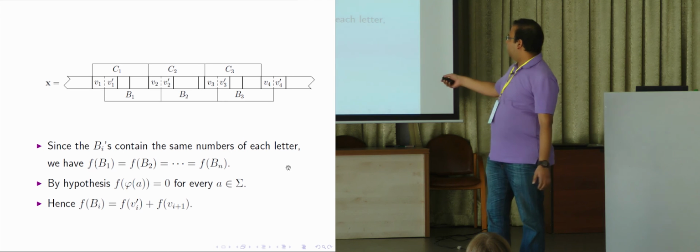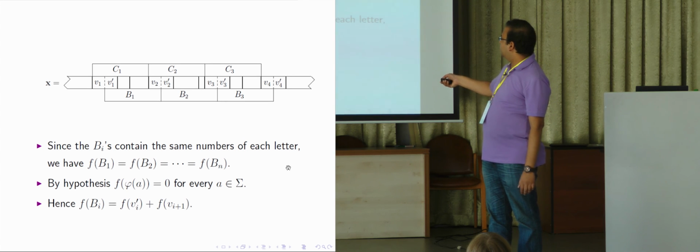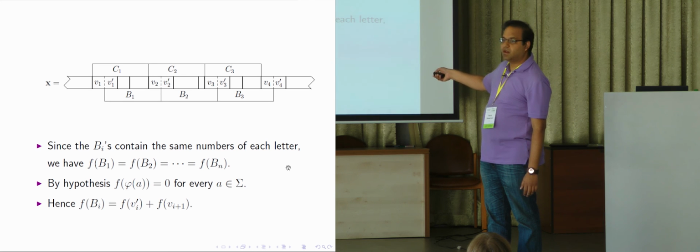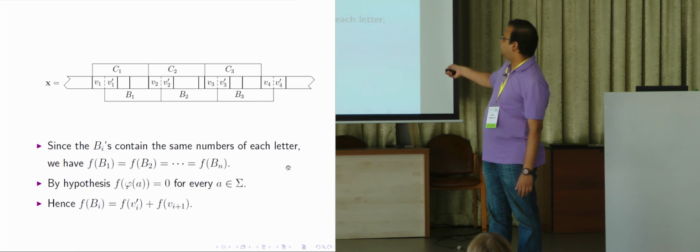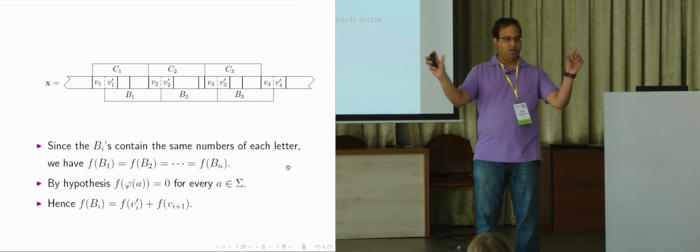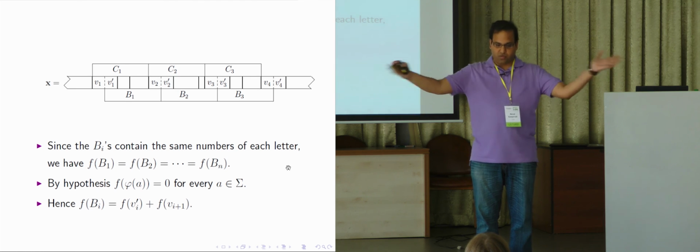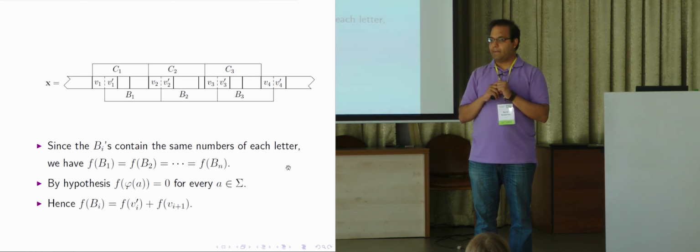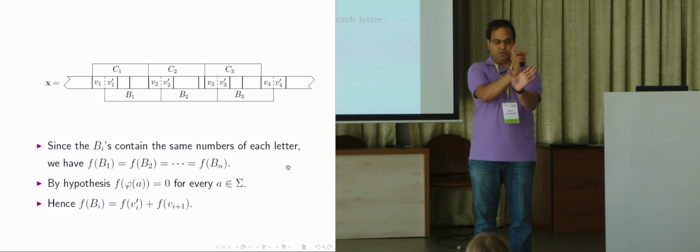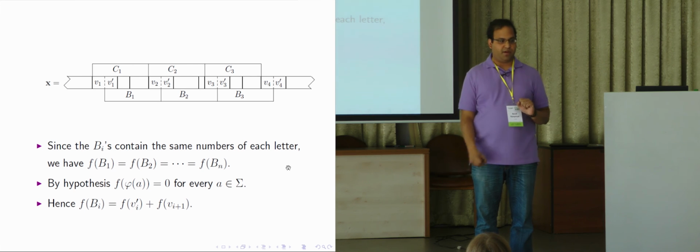Right? And the only thing that has non-zero weight is just this little piece here that comes from the V1 prime, and this little piece here that comes from this V2, right? Those two things have some non-zero weight, and then the stuff in the middle is just weight 0, right? Because the stuff in the middle is just complete blocks.